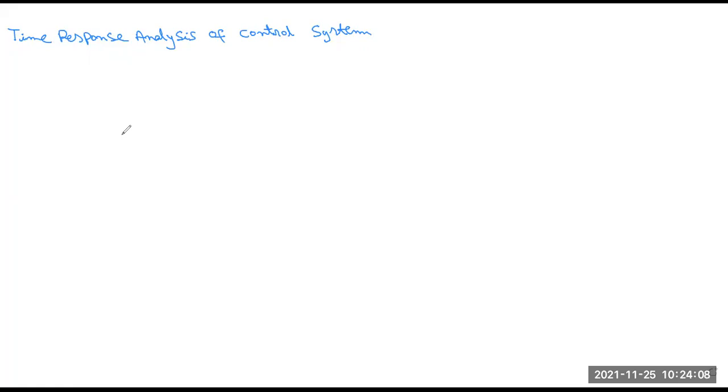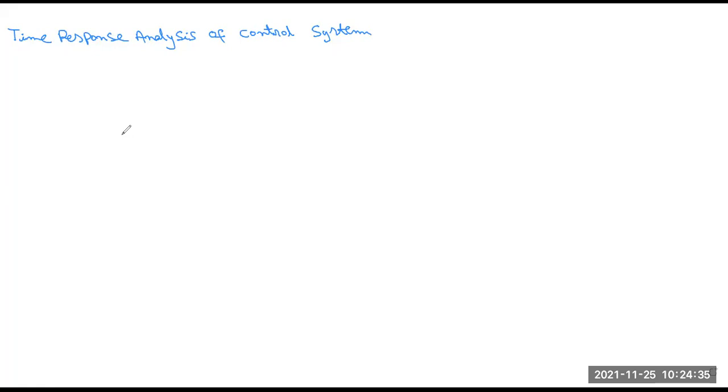In this chapter, it is basically about feedback control systems. The test signal is specified as different types of functions: unit step functions, unit ramp functions, unit parabolic functions, and unit impulse functions.